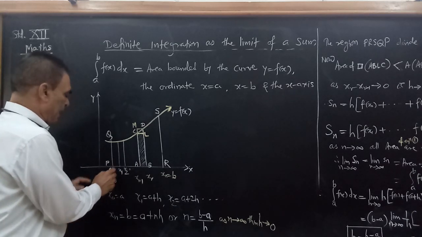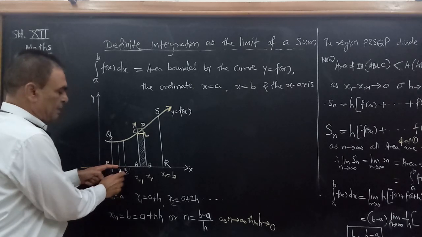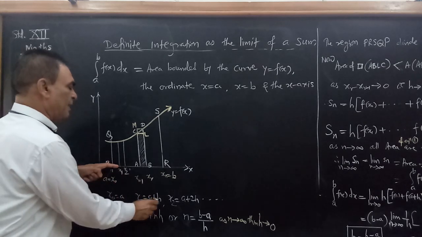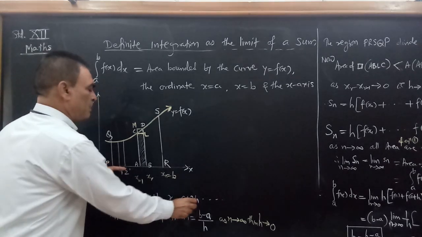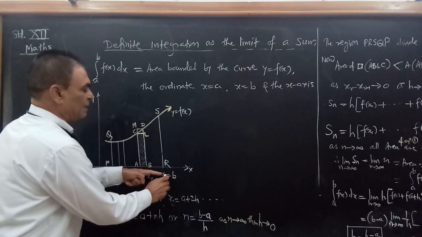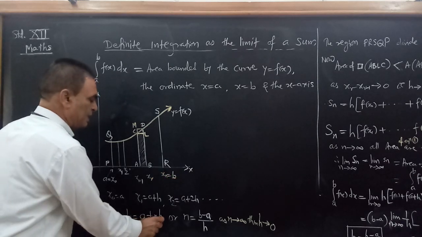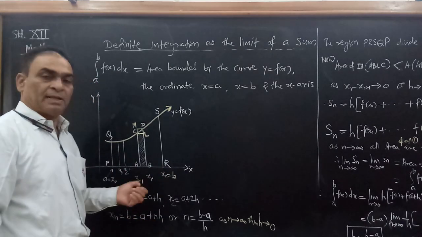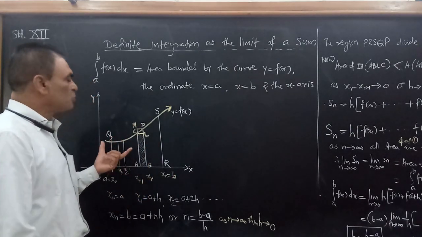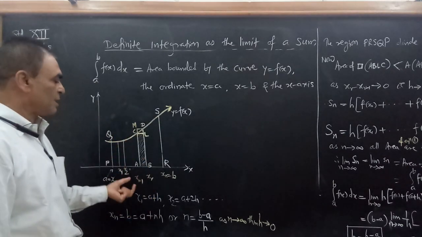Start from x is equal to a, that is x naught; x1 is a plus h, the initial value plus h; x2 is a plus 2h, up to xr, a plus rh. Similarly the last is xn, that is b, and b is a plus nh. There are equal subintervals, and we split the total area into small strips.